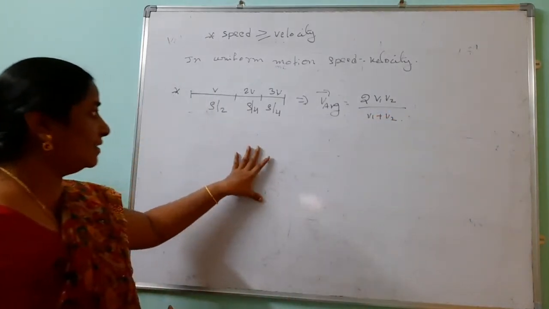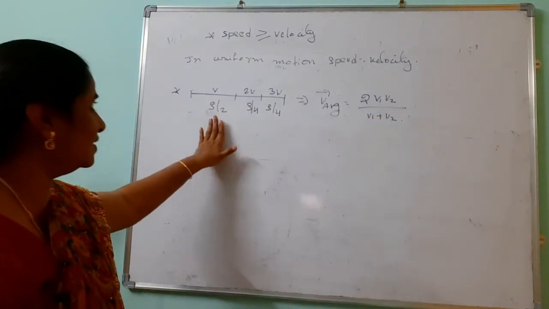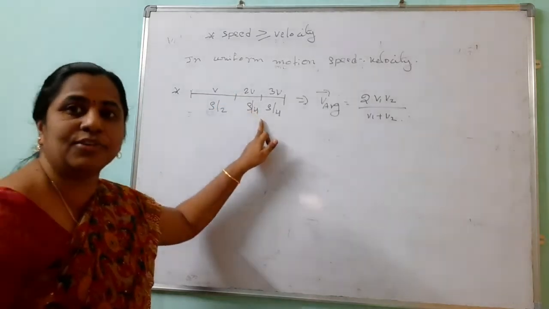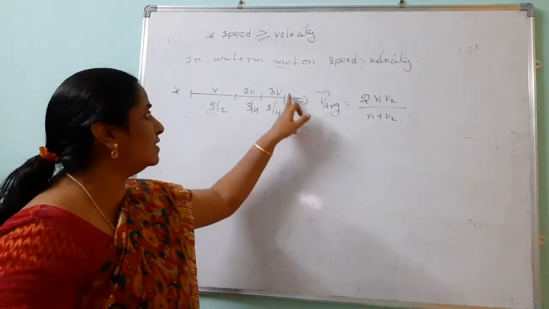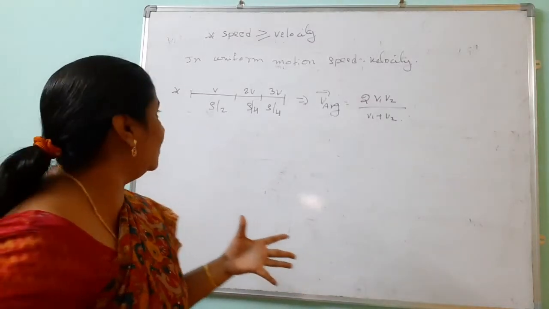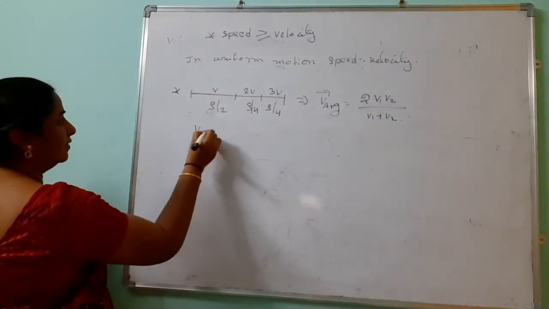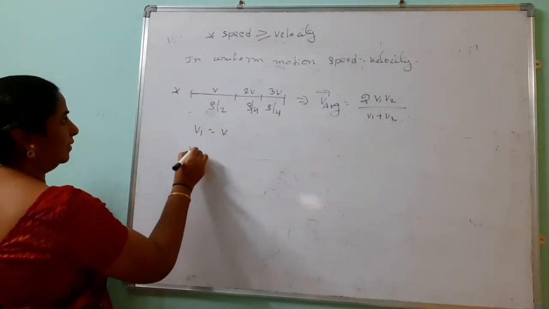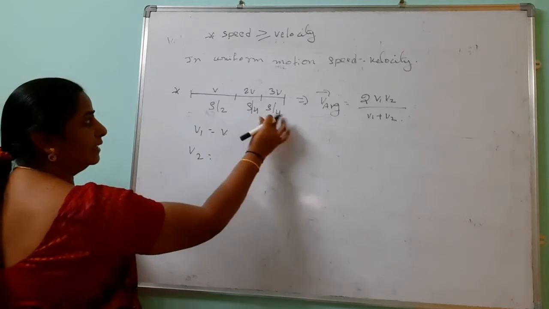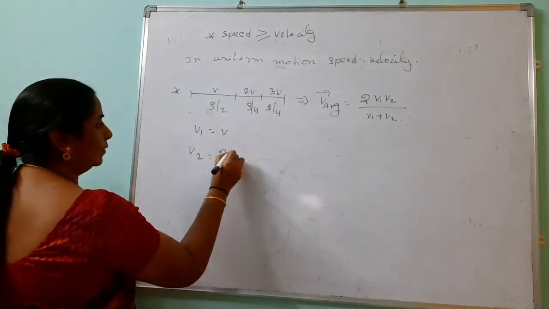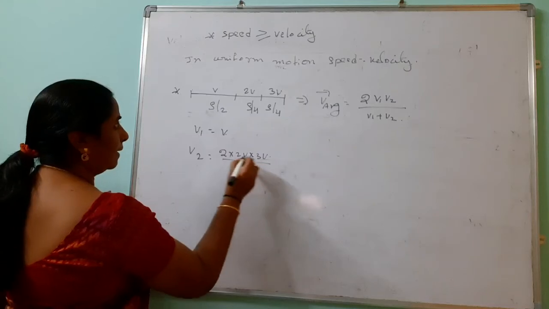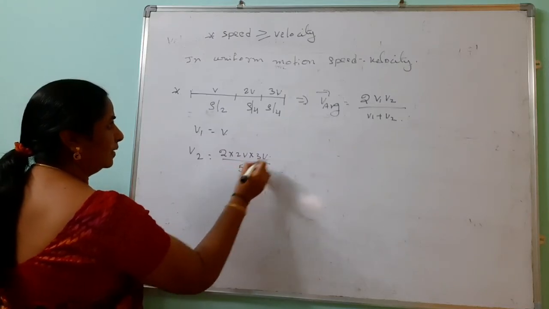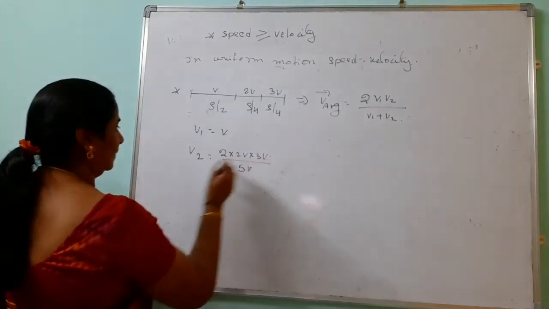But here there are three velocities. The first half of the distance is v, then 1/4 of the distance is 2v, and the last 1/4 is 3v. We can take v1 equals v, and for v2 we take 2v into 3v by 5v. Use this formula.